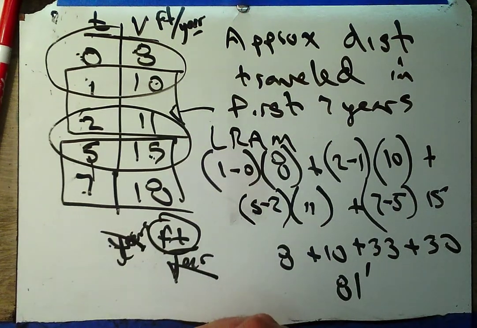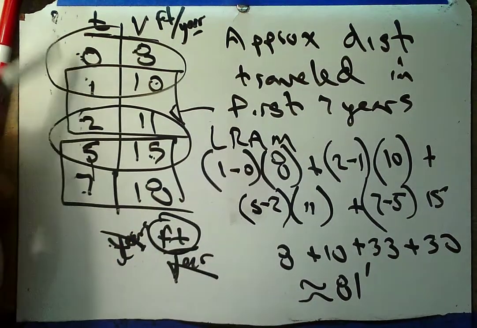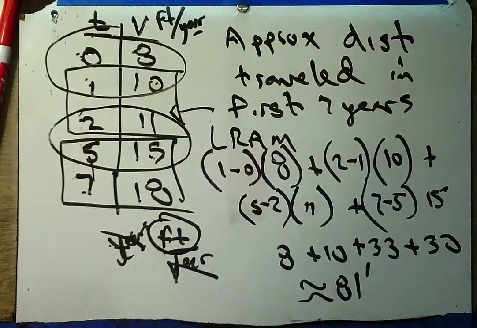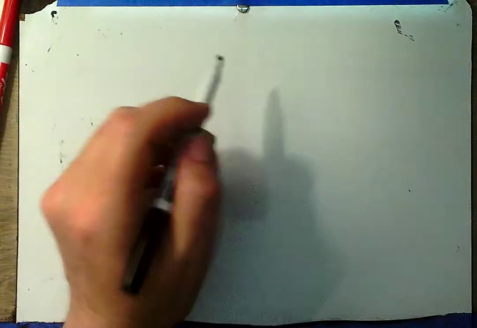Those are feet. Yes. What's the change in position? What's the displacement? Approximately 81 feet over the 7-year interval. Okay? So, how about you do an approximation for this one?